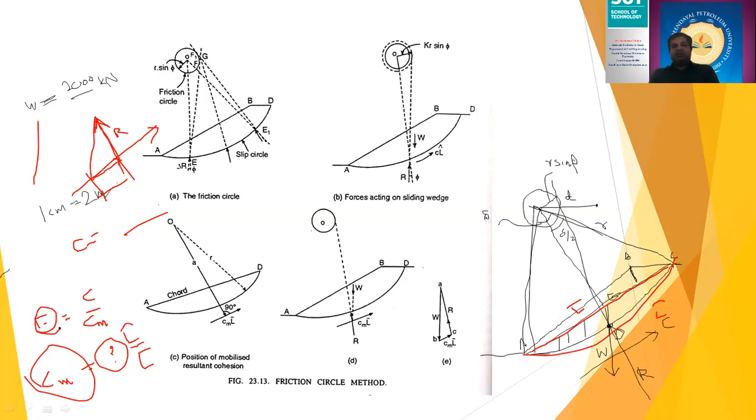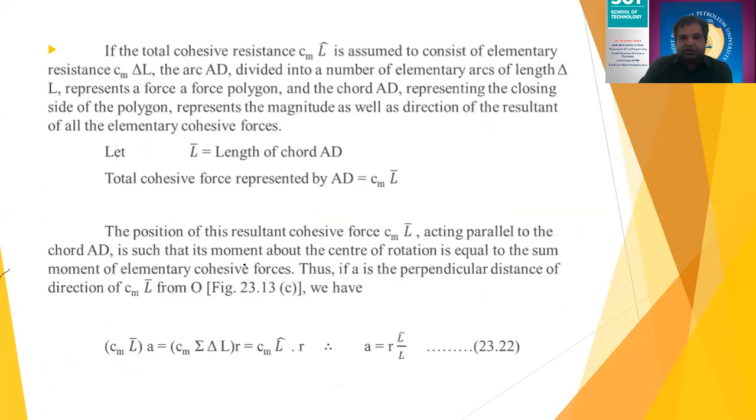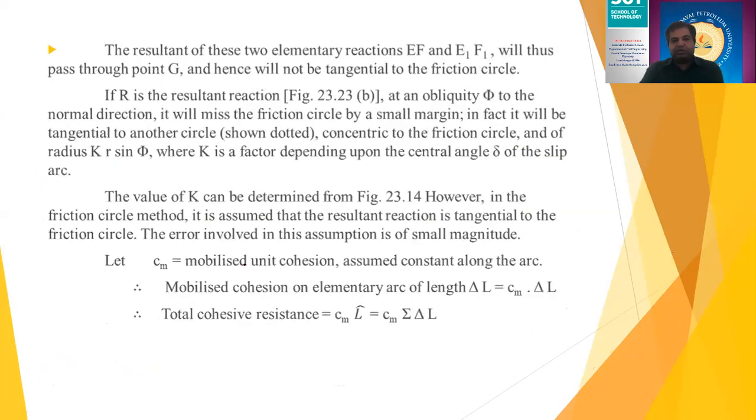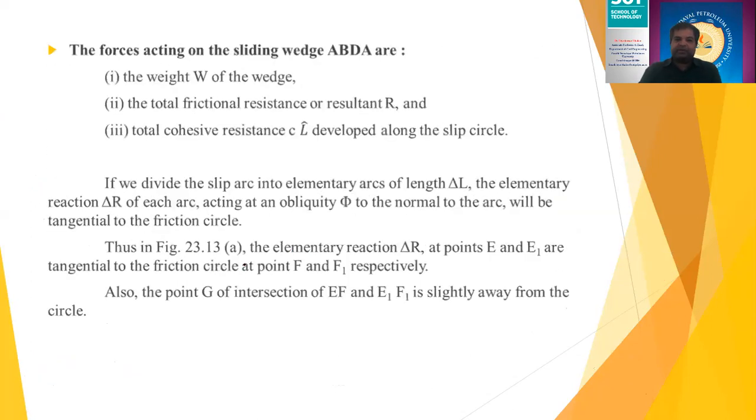And this is what this particular friction circle method is all about. So this is the story I have written here, that has been shown here. Whatever I have shown here has been explained here. So let's go one by one so that you will get to know how this method is being plotted.